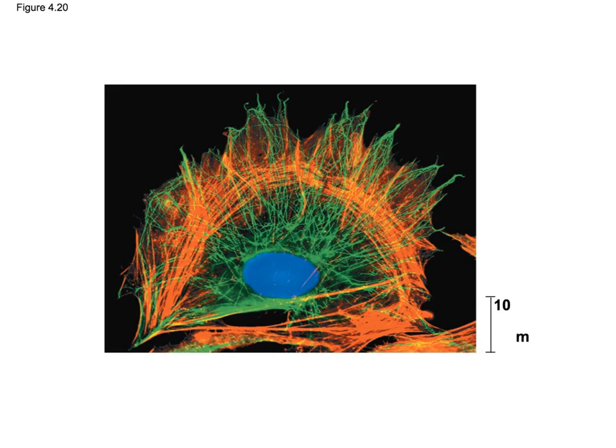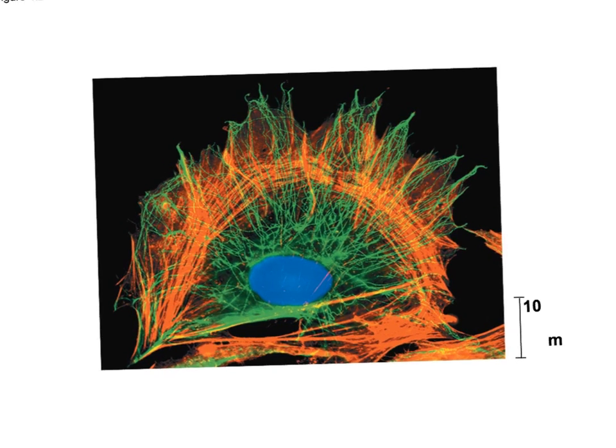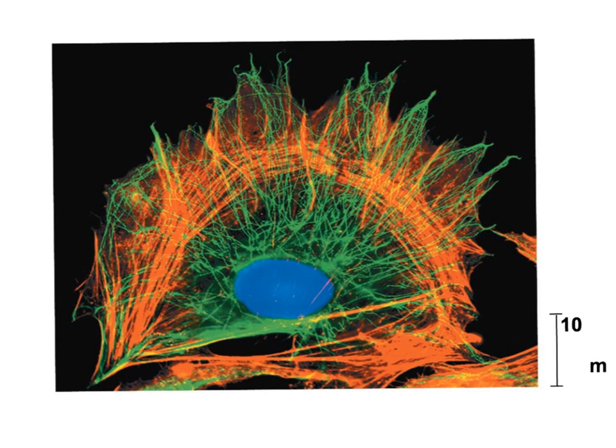But this is the cytoskeleton. Kind of a crazy looking structure. What you're looking at right there are two different elements of the cytoskeleton, red and green. In red you have microfilaments, which is one subunit of the entire cytoskeleton.